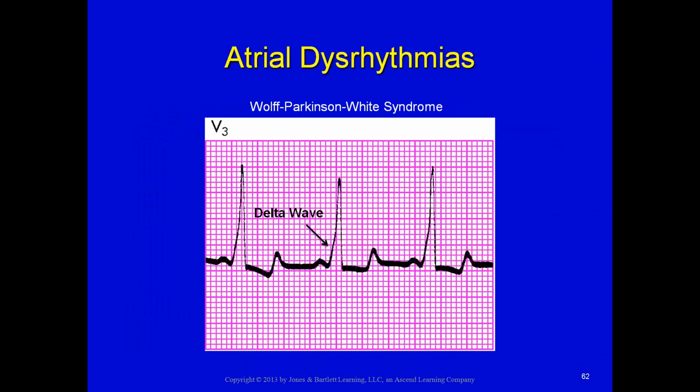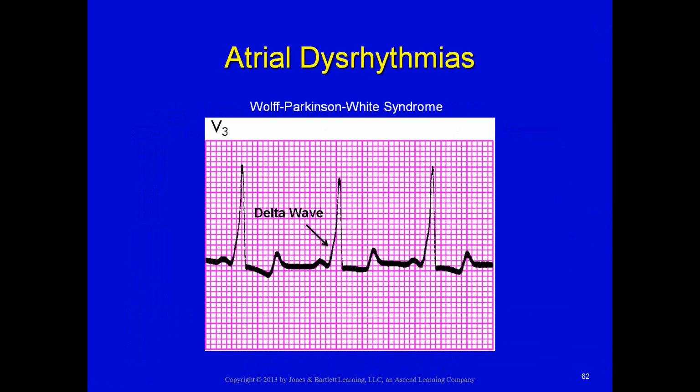You can see that after the P wave, there's an immediate QRS. There is no pause to indicate the AV node is holding on to the impulse for a split second, allowing the atrial kick to occur.